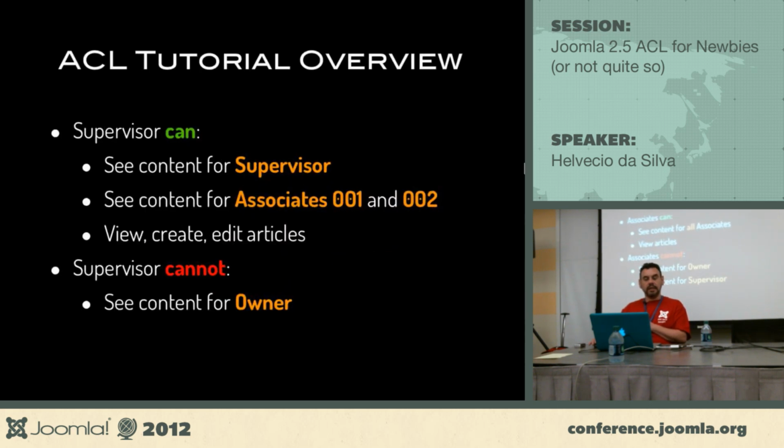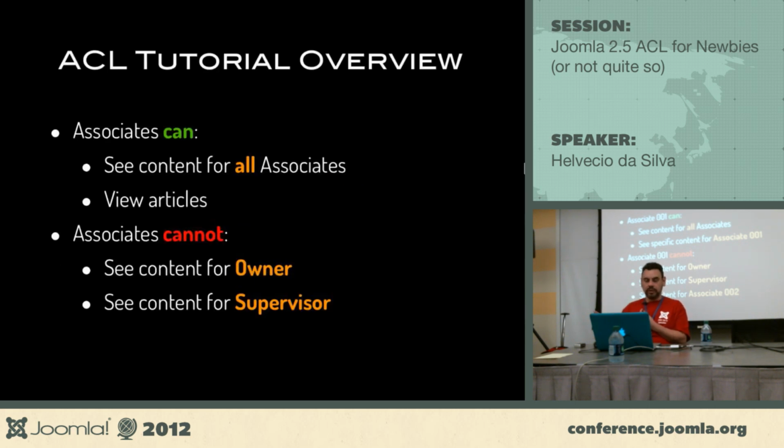Associates can see content for all associates, and they can view articles. Associates cannot see content for owner and supervisor. Each associate, in this case, can see content for all associates, and they can see specific content for themselves.